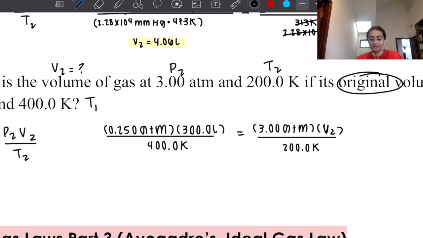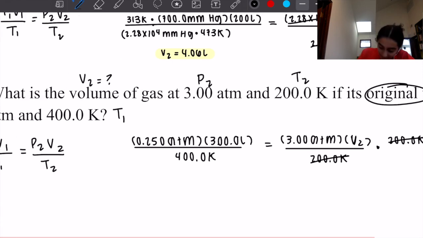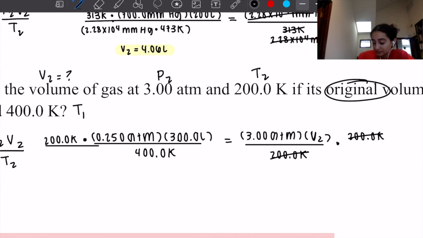So now we're going to do the same thing. We're going to multiply by what's on the denominator, which is 200 Kelvin. And I'm going to multiply it here. And then we are going to divide both sides by 3 atmospheres. And that is going to cancel out the 3 atmospheres on the side with the volume.